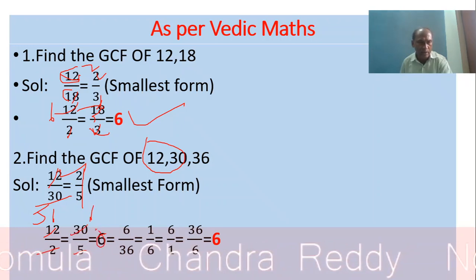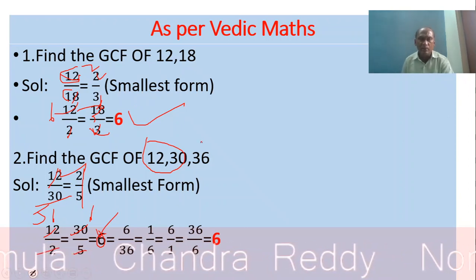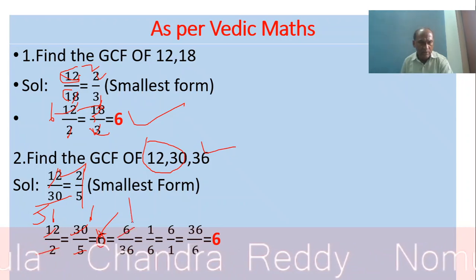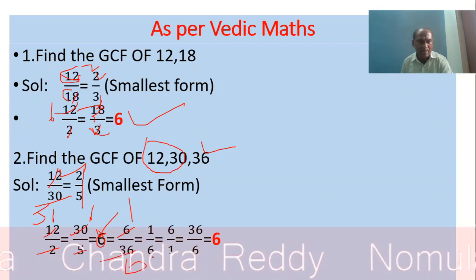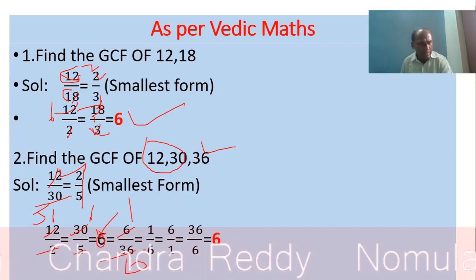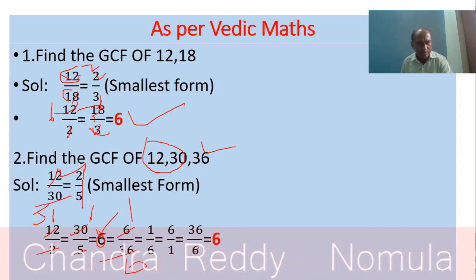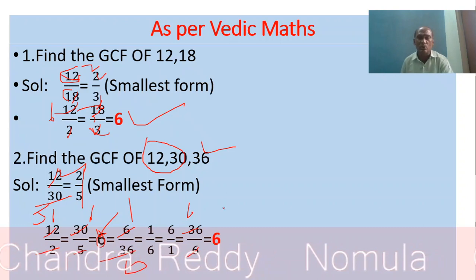Therefore, 6 is the GCF of 2 numbers. Remaining here, now 36. Now 6 by 36. 6 1 ja, 6 6 ja. Remaining is 1 by 6. Next, 6 by 1, 36 by 6. 6 6s are 36. Therefore, GCF is equal to 6.